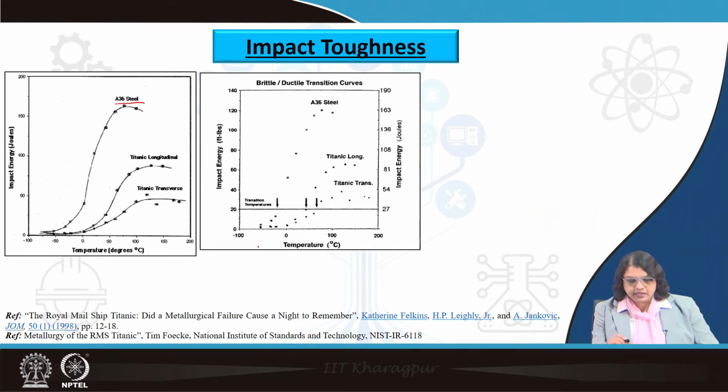And what we can see here are two observations. First of all, the longitudinal and transverse specimens, which are made from the longitudinal and transverse hull plates, are actually showing quite some differences in the properties, and this is not at all a wanted situation.